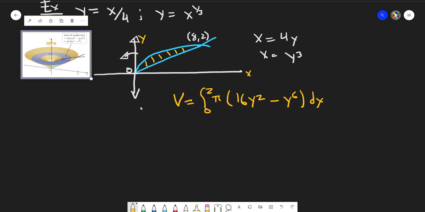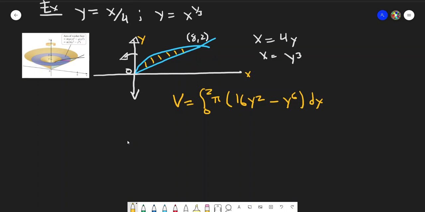Now, all that we need to do here is find the volume. So the volume is going to be pi times 16 thirds y cubed minus 1/7 y to the 7, evaluated from 0 to 2.